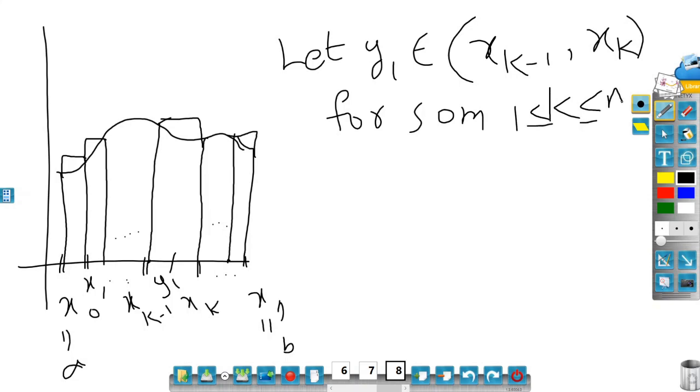So UPF has n rectangles, the area is the sum of areas of n rectangles, whereas UQ1F, since Q1 has n plus 1 points, means n plus 1 rectangles, so let me draw a rectangle with respect to this.